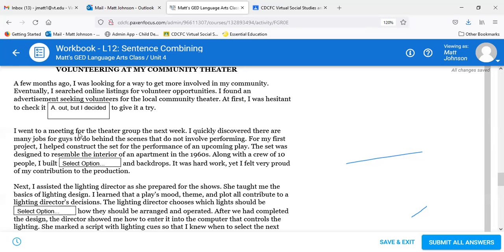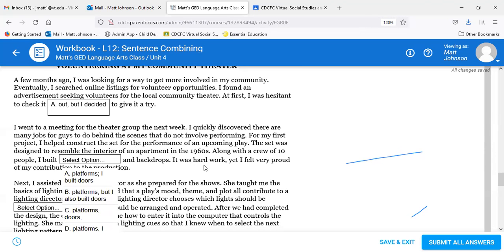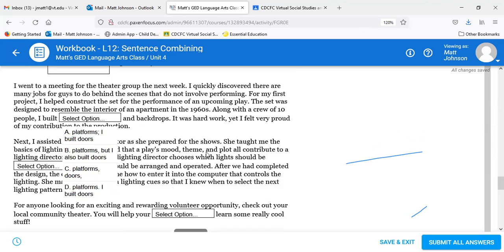"Along with a crew of 10 people, I built platforms." Grace, what do we want here? Did you say C? Yes, in caps. Okay.